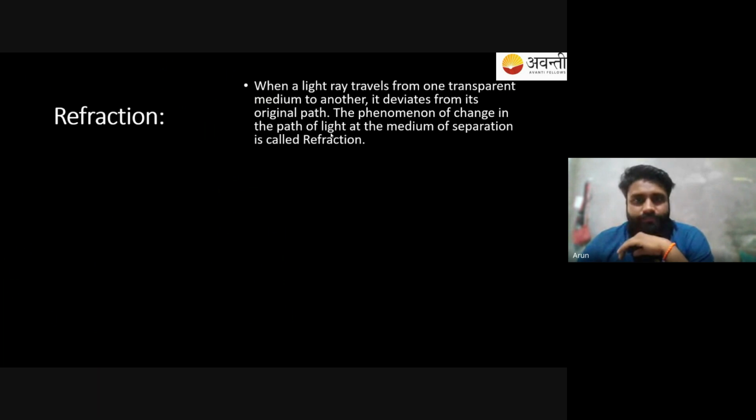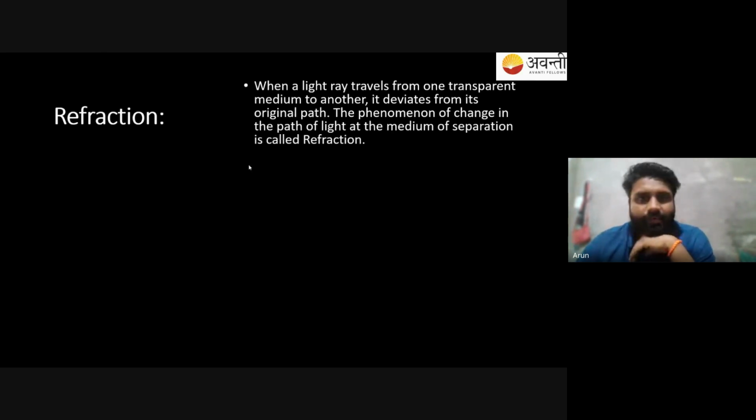You can read the definition also. When a light ray travels from one transparent medium to another transparent medium, it deviates from its original path. And the phenomenon of change in the path of light at the medium of separation is called refraction.